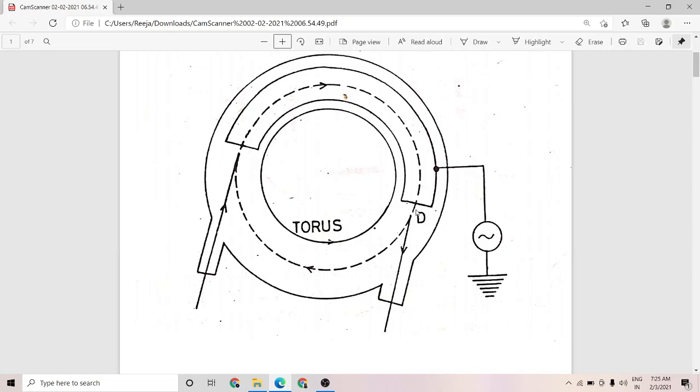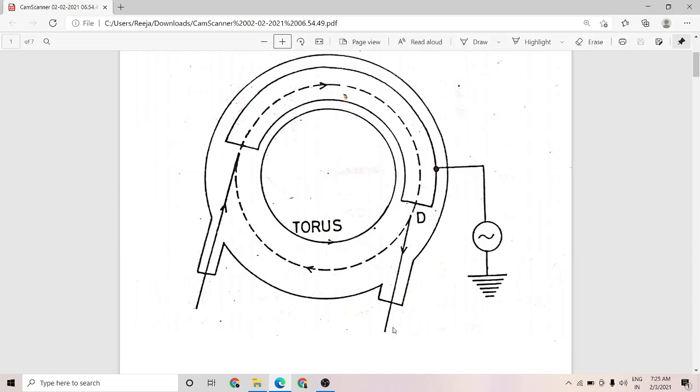That is why we said that it works on the combined principle of both. Then the electrons after acceleration are made to strike the required target.